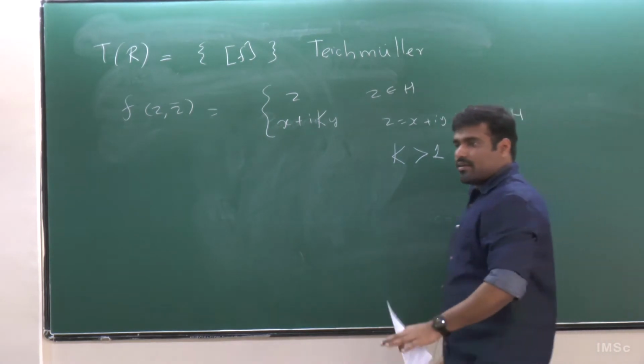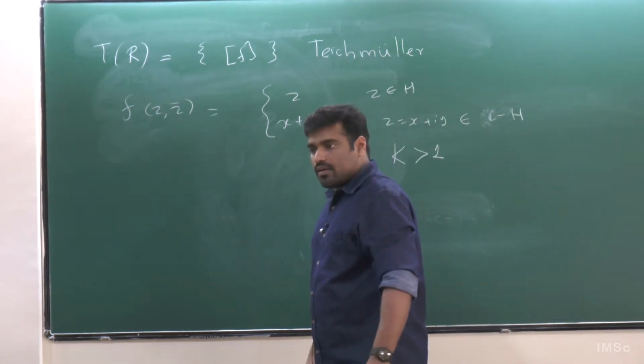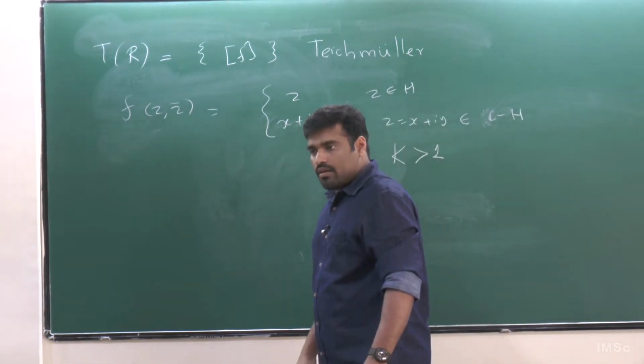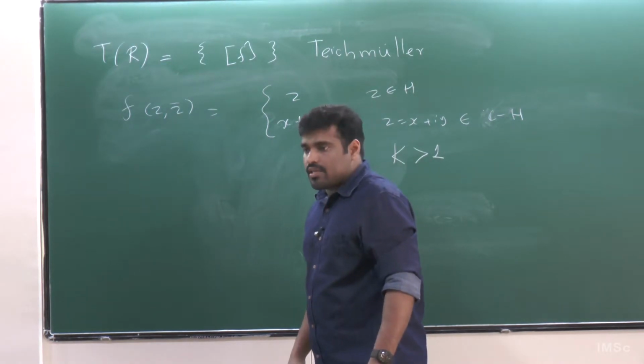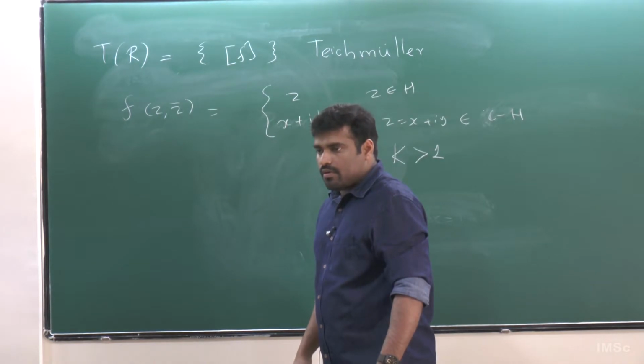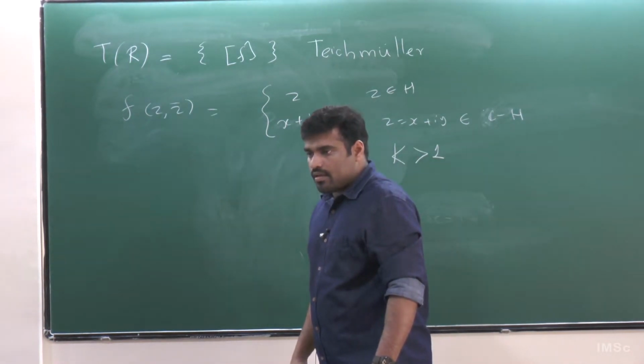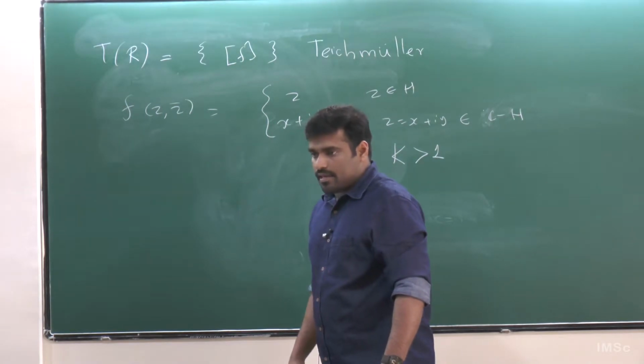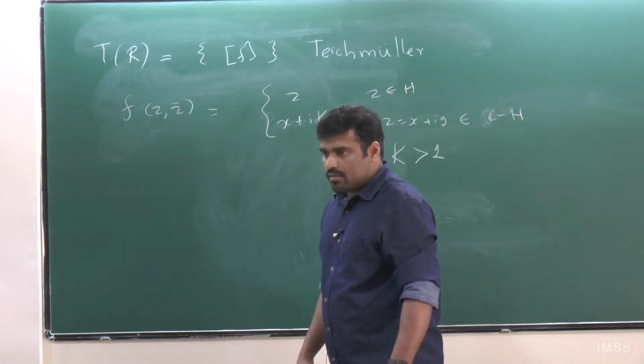If it is 0, then that means I am considering a holomorphic transformation. If I consider the z bar, then they are anti-holomorphic. So you are distinguishing between holomorphic and anti-holomorphic.